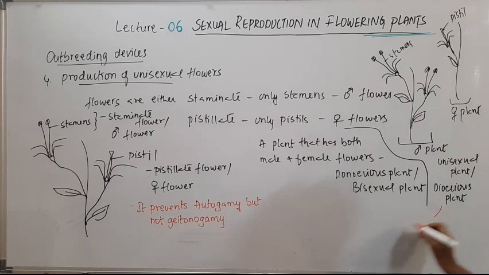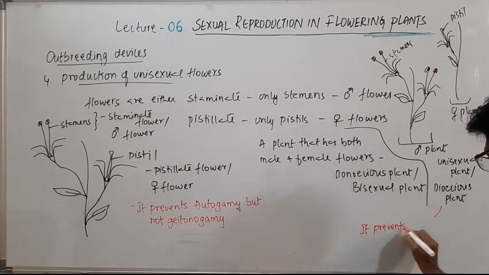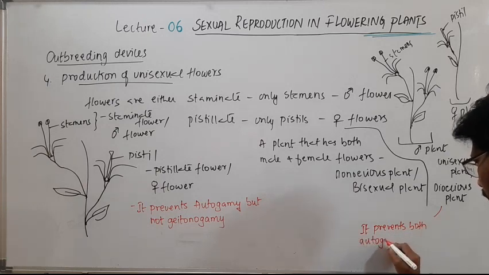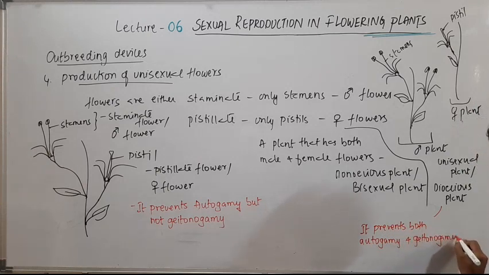So in this case it prevents both autogamy and geitonogamy, and favors xenogamy. So in this case what occurs is xenogamy.